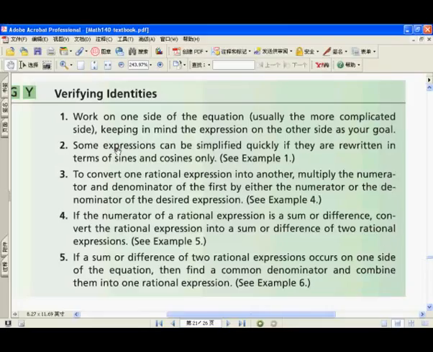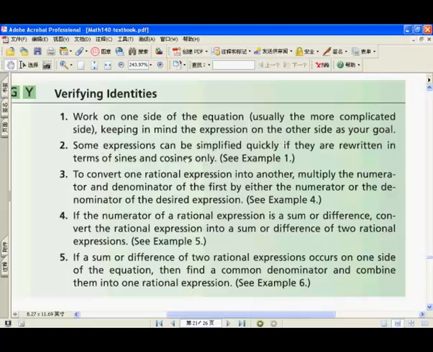Now let's go to page 523 and let's look at the strategy for verifying identities. So step 1, work on one side of the equation, usually the more complicated side. So in the last example, we just began with the more complicated side, and keeping in mind the expression on the other side as your goal. Okay, you try to convert this more complicated side to the other side.